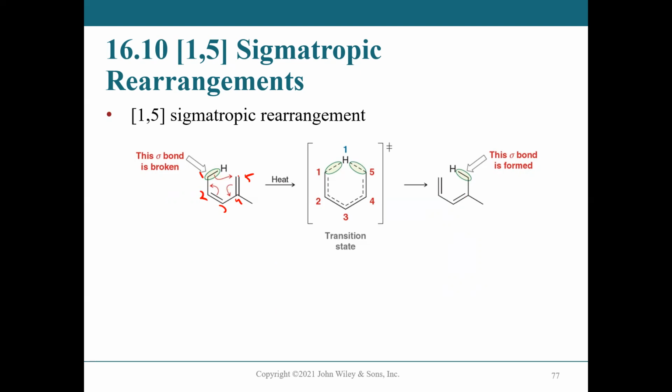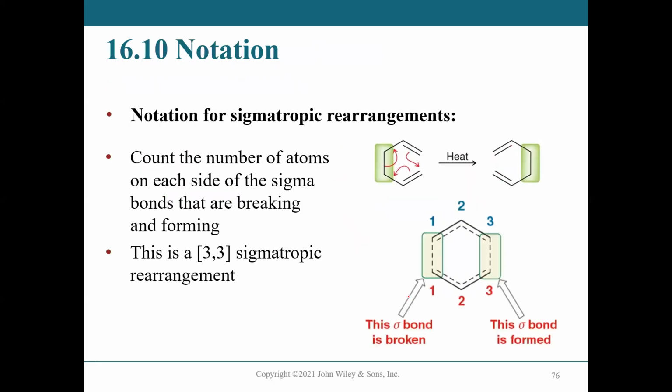It's moving from 1 to 5. This sigma bond is formed. If we look at this one here, 1, 2, 3, we're forming that one.